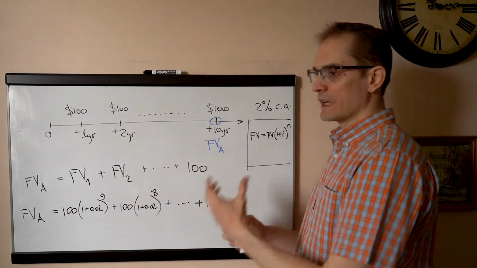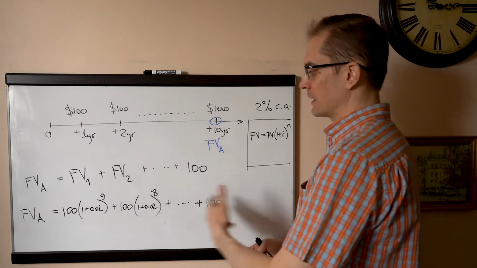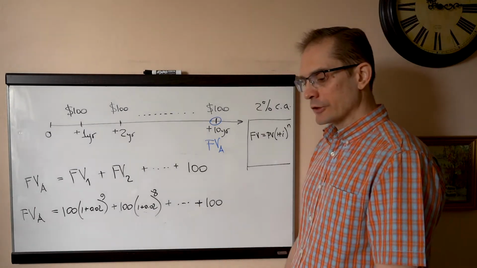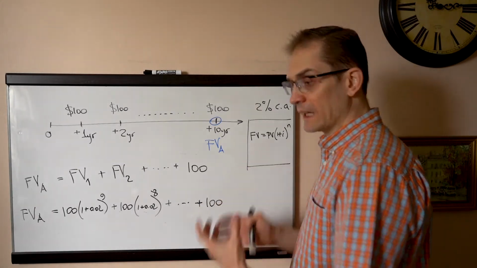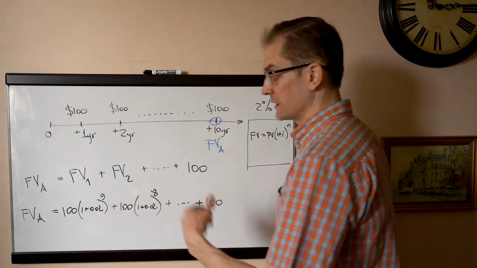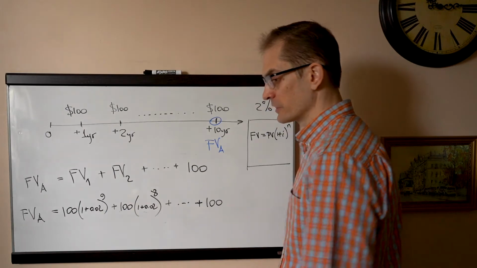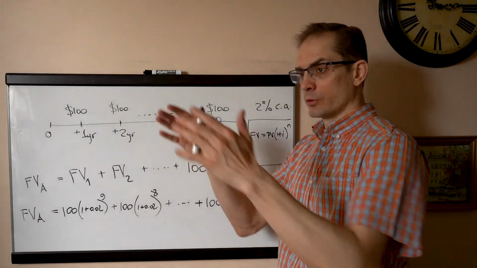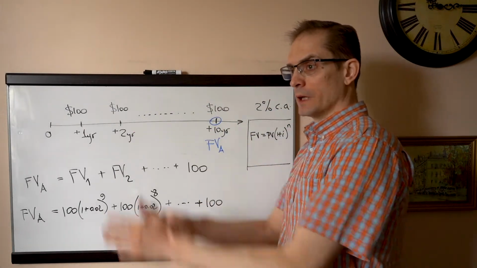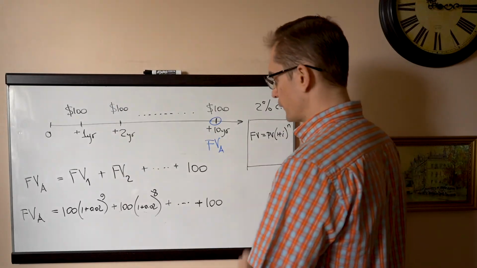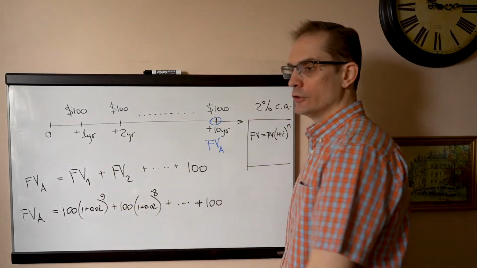You can realize that it's a lot of work to calculate this. Of course, we could take Excel, find each of those future values, put them all in one column and add them up to find the future value of annuity.